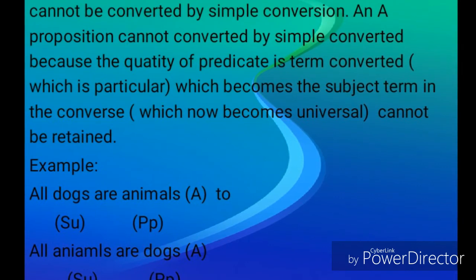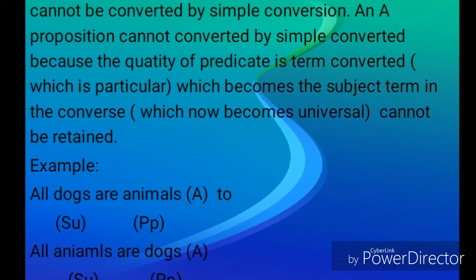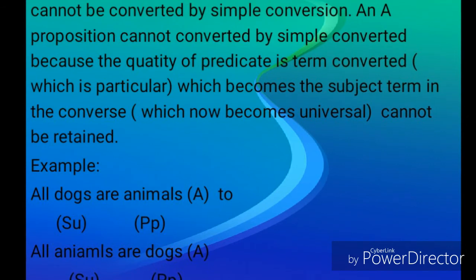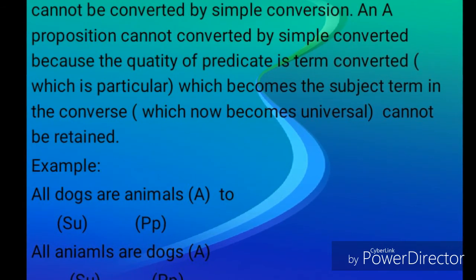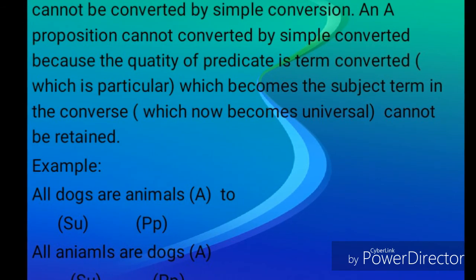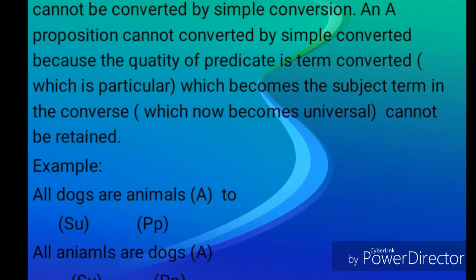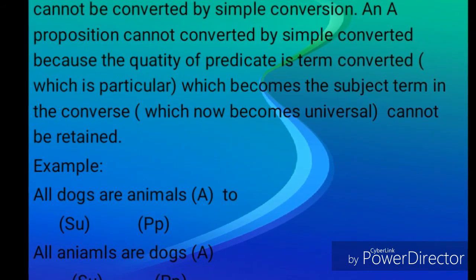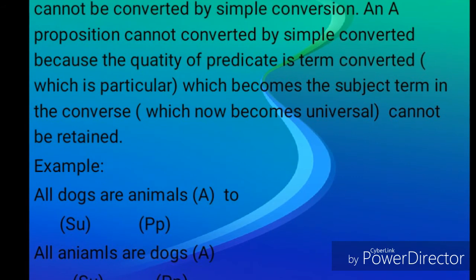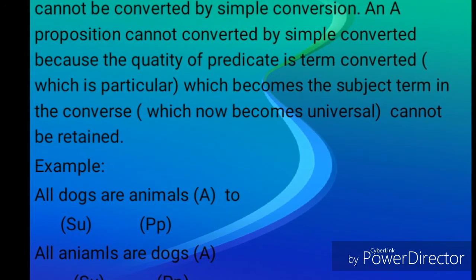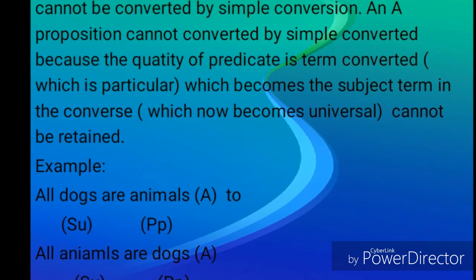And when it becomes the subject term in the converse, the converse becomes universal. It considers all as referred to, but this cannot be retained. Example: all dogs are animals. All animals are dogs.